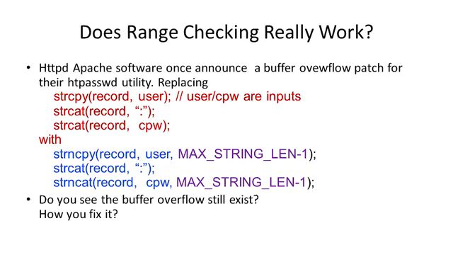When the first user data is copied, we have already used up all the length of the record buffer, right? And so the colon could override the stack frame pointer. The remaining current password brought in by the hacker could start to override the return program counter. So the patch doesn't work.